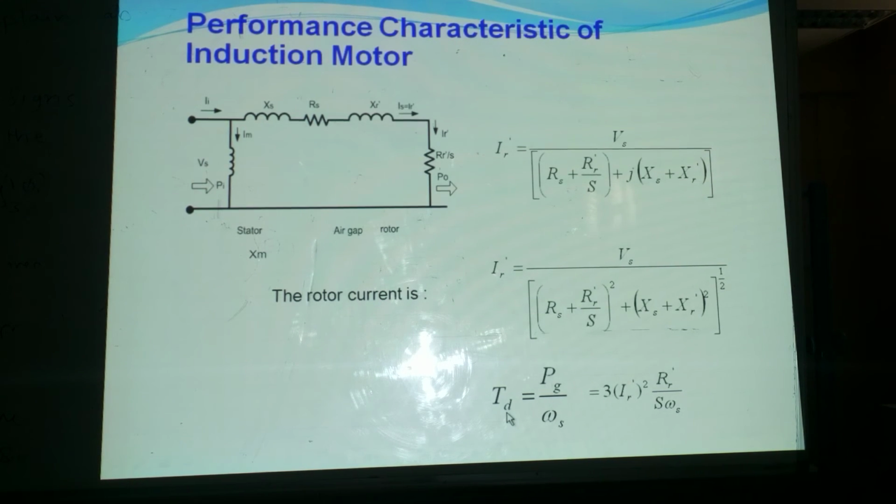So from this, torque developed is Pg, the air gap power, by omega S, that is given by 3 IR square Rr dash by S omega S. You can substitute the rotor current here.